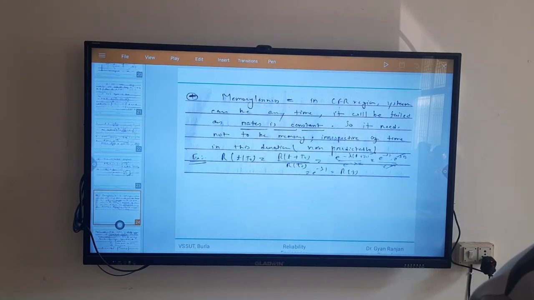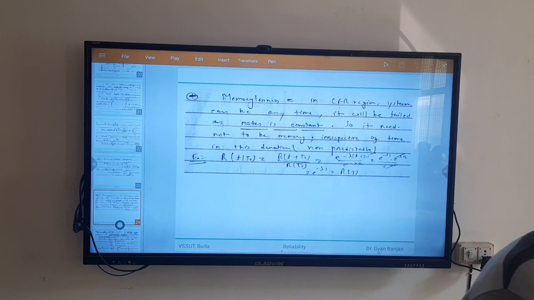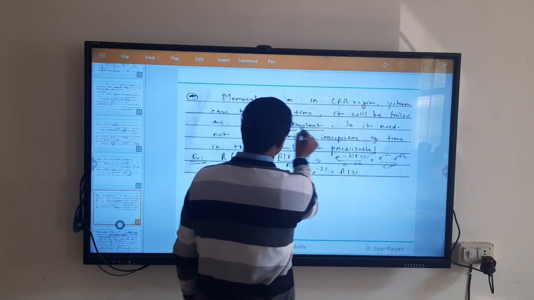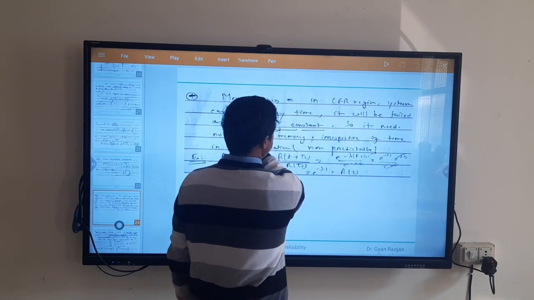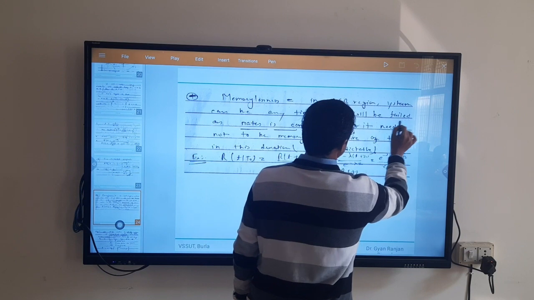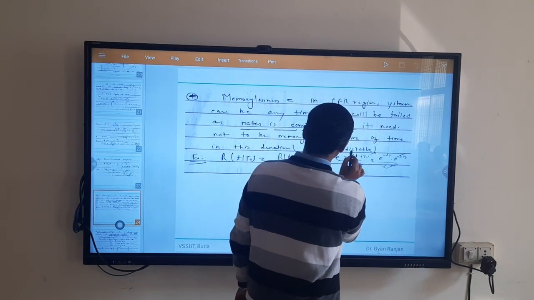So you will get a display warranty of 1 year, but for the CPU system inside you will get 10 years. So this is what you want, because the rate of failure is constant, the probability of failure is irrespective of time. That's why it is called memorylessness.